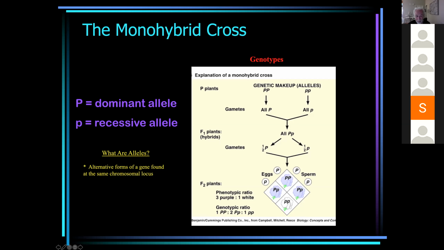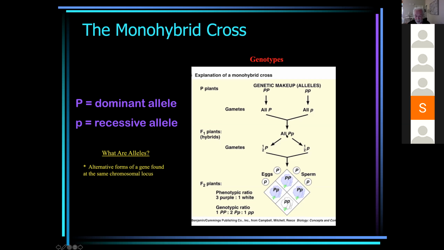So in the parental cross, because they were inbreds, he was crossing a big P, purple, with little p, white. And the gametes from big P are all big P. Gametes from little p are all little p.